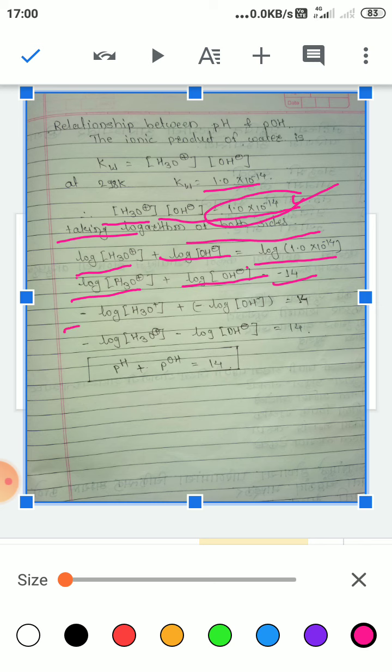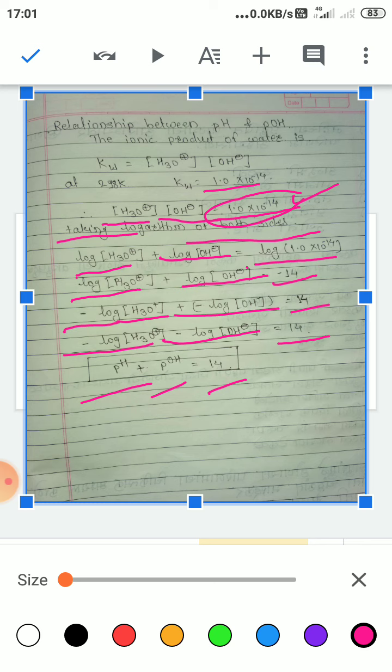Therefore the equation is minus log of the concentration of hydronium ion minus log of the concentration of hydroxide ion is equal to 14. Therefore pH plus pOH is equal to 14.